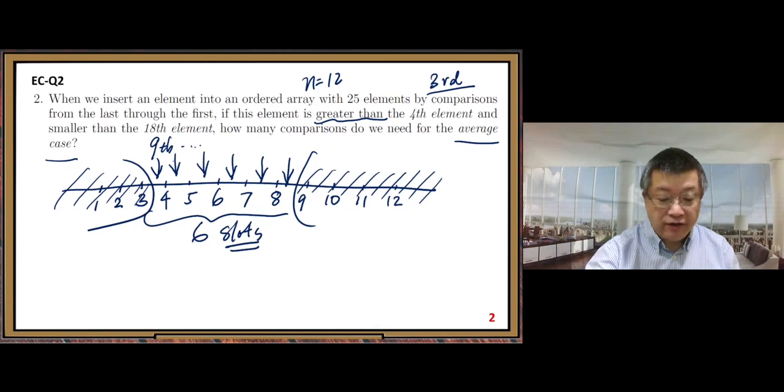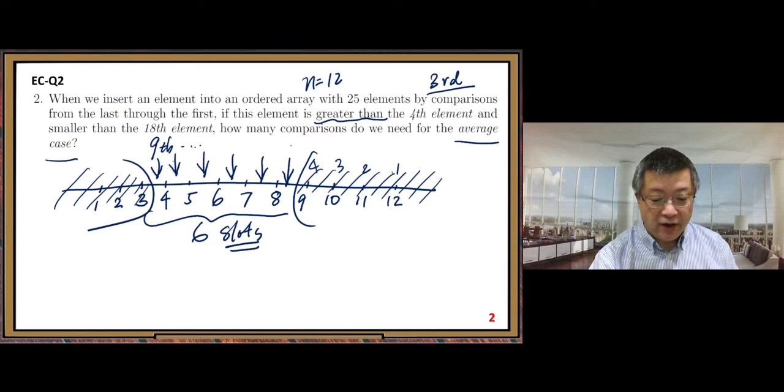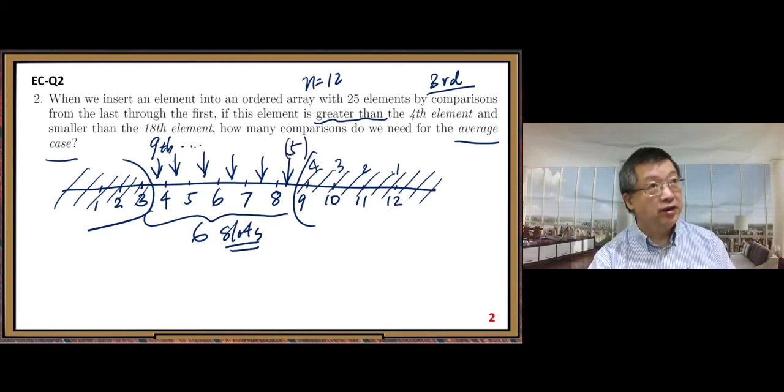How many comparisons for the first slot? Compare with the last one, less than last one. Less than. So 1, 2, 3, 4. Less than, but the fifth one greater than. So we need 5 comparisons to get the first slot.